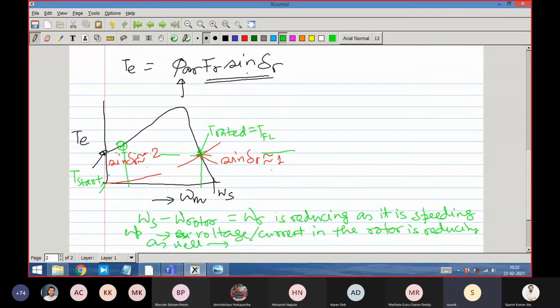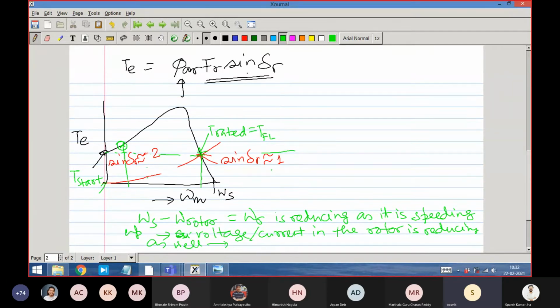But as it speeds up, it is producing more torque under less current, because the angle between phi AR and FR, the MMF, is going towards 90 degrees. So that is what is happening, and that is good.